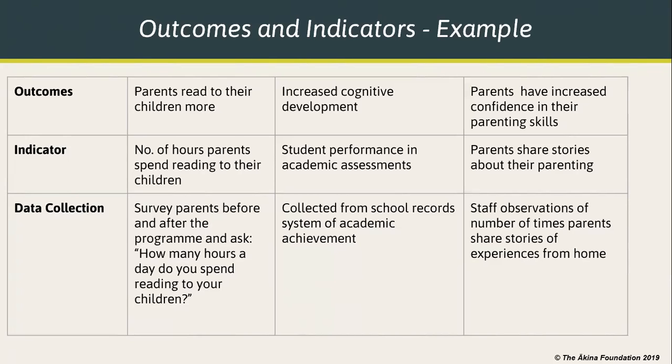Next example we've got there is increased cognitive development. So the indicator is student performance in academic assessments. And the data collection could be collected from the school records system of their academic achievement.